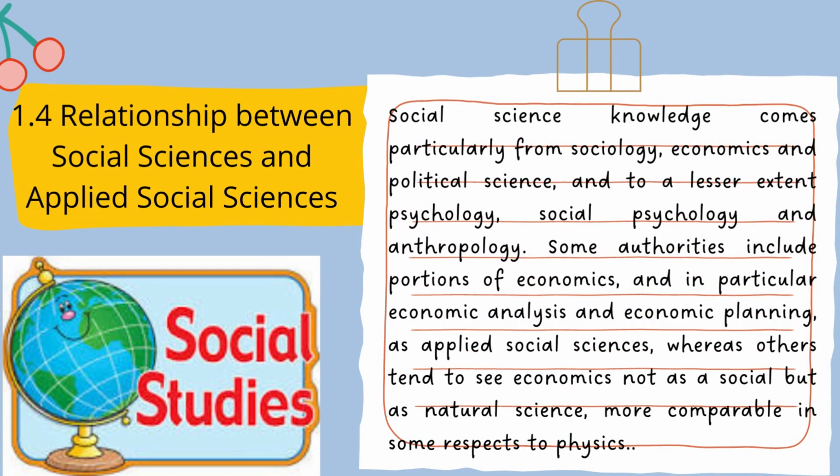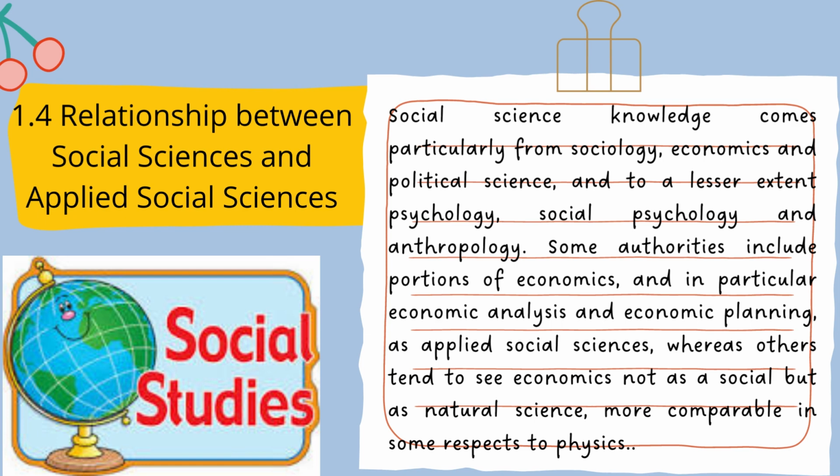is the relationship between social sciences and applied social sciences. So actually they were different. Social science is different from applied social science. Pero they have the same root, which is society.